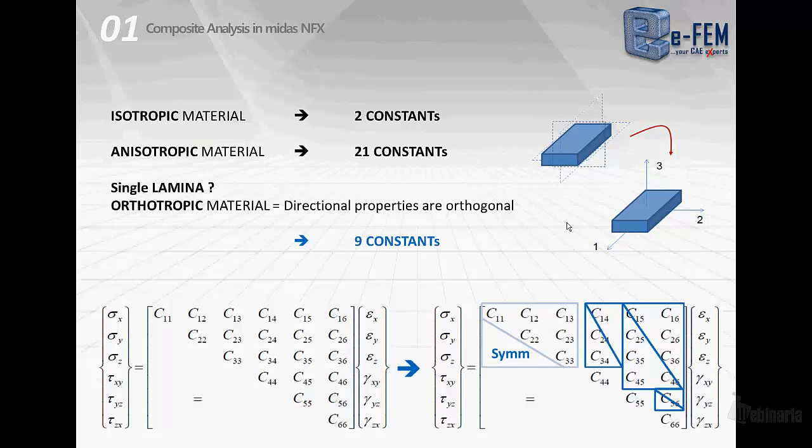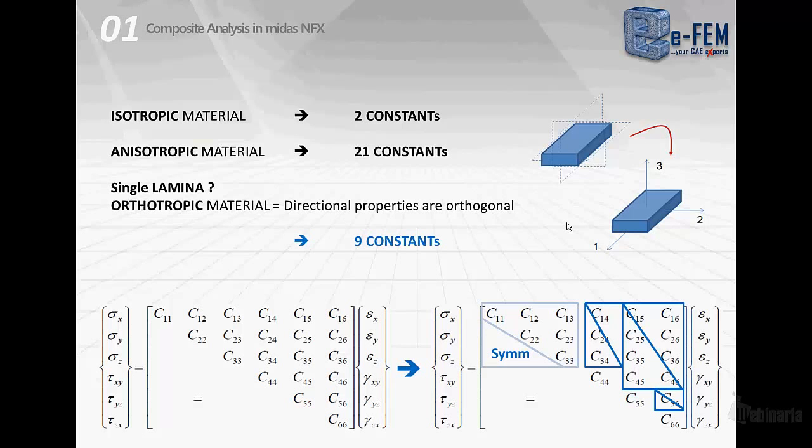When we have to work with an anisotropic material, we need to use 21 constants to define the elastic properties of the material. So these 21 constants are needed to define the compliance matrix or the stiffness matrix of the material. What about when we consider the single lamina? The single lamina is classified as an orthotropic material, so we have directional properties that are orthogonal between each other.